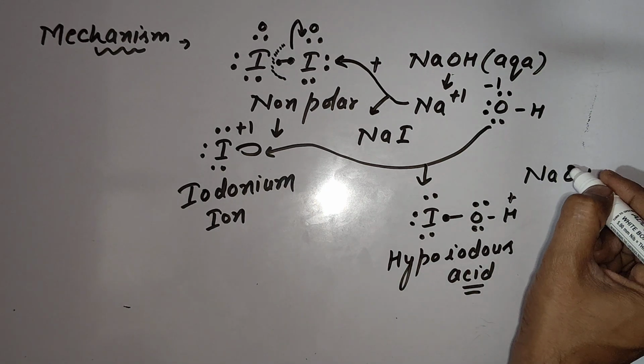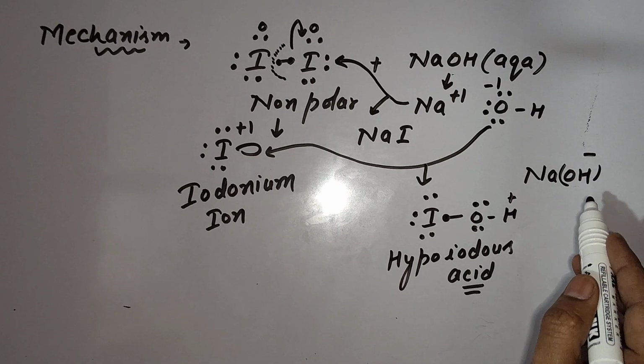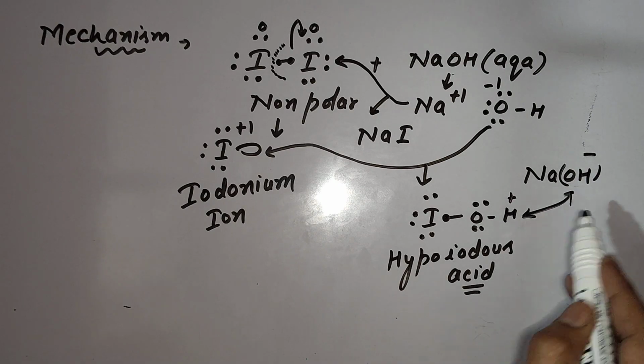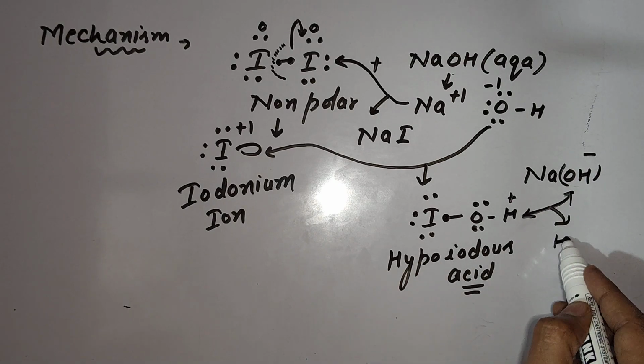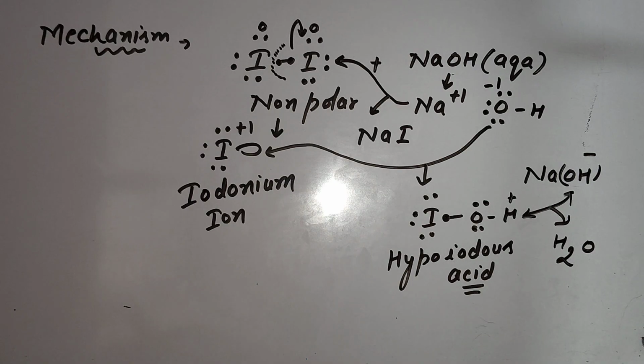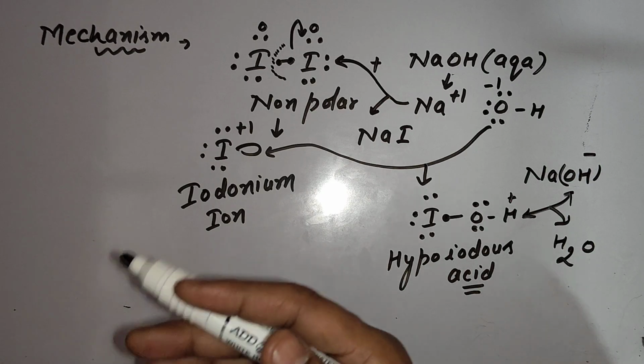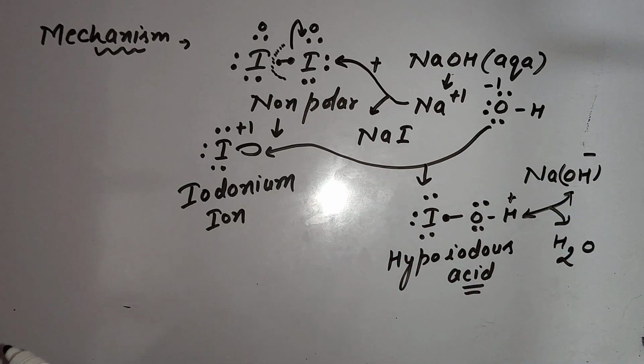The base is carrying an OH negative particle. H positive and OH negative will combine to produce H2O. The first water molecule is generated here. So please keep on counting the water molecules, the NaOH which I am using, and the iodine particles which I am going to use in this mechanism, and finally compare it with the actual reaction, the balanced equation which I have written.